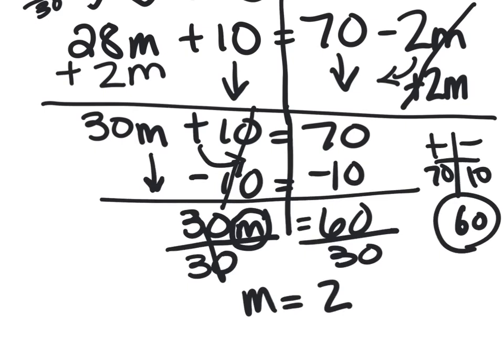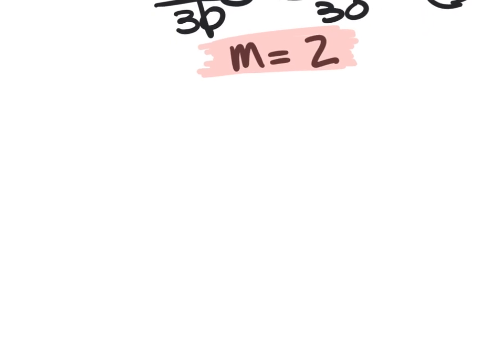And that's the answer. Now I'm going to have you plug this back in to prove that your answer is correct. Okay, so we have, let me use a different color. So I have 28m plus 10.